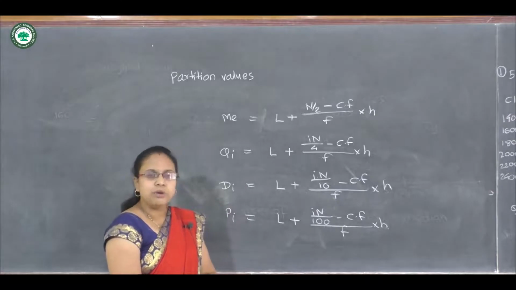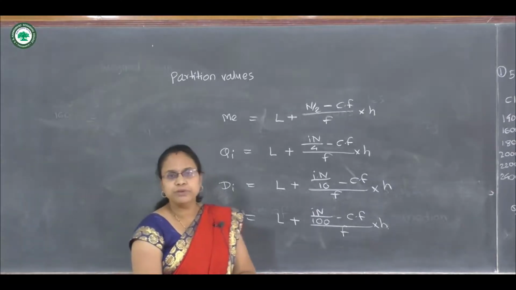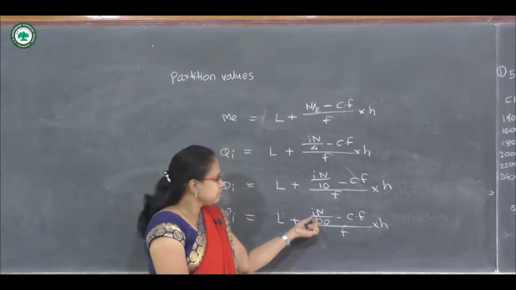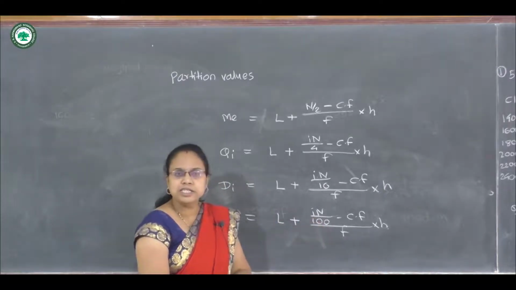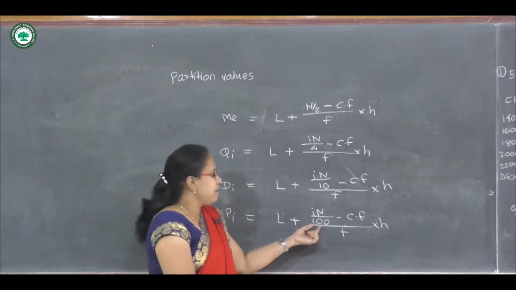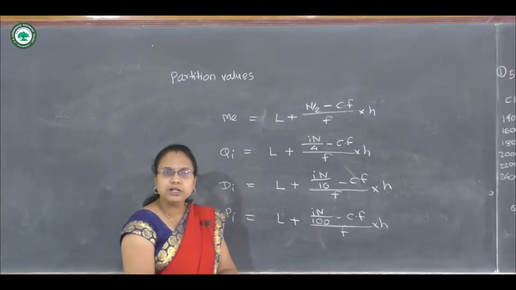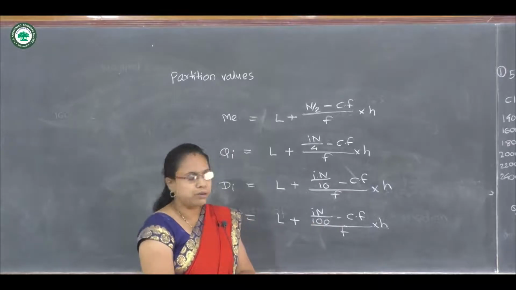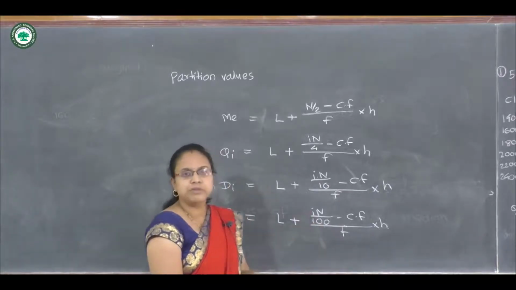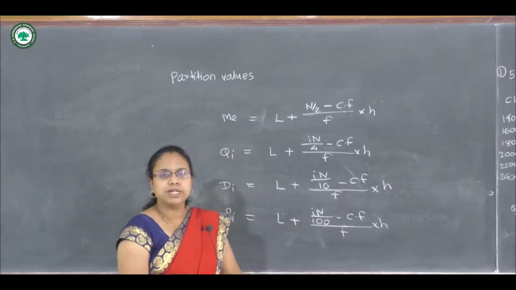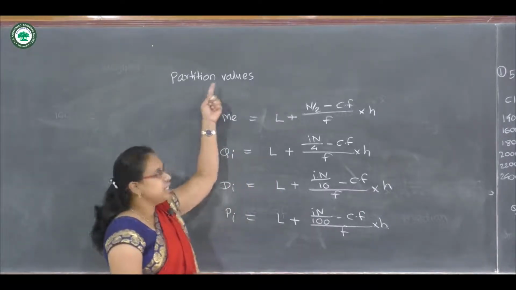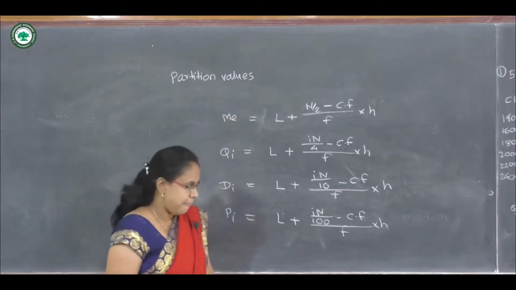So we know how to calculate the less than cumulative frequencies, and then we are going to find the observation whose less than cumulative frequency is equal to or just more than this point. So we will see some examples to elaborate these partition values.